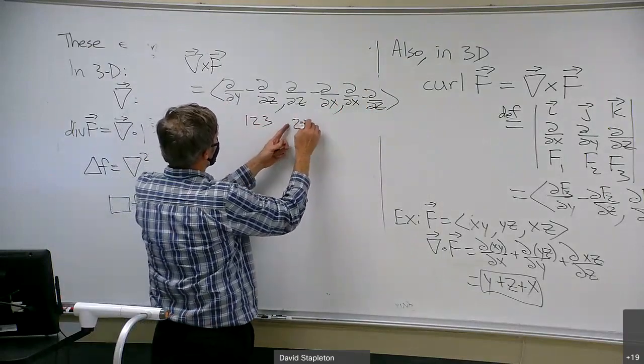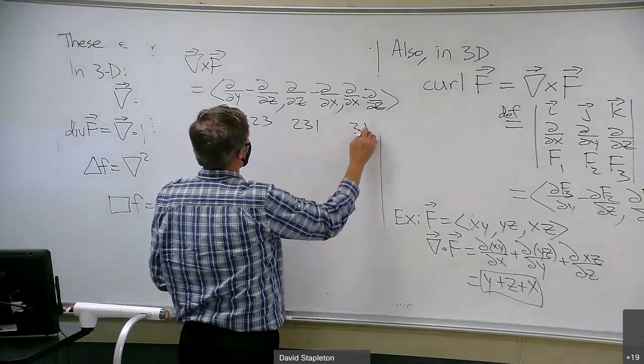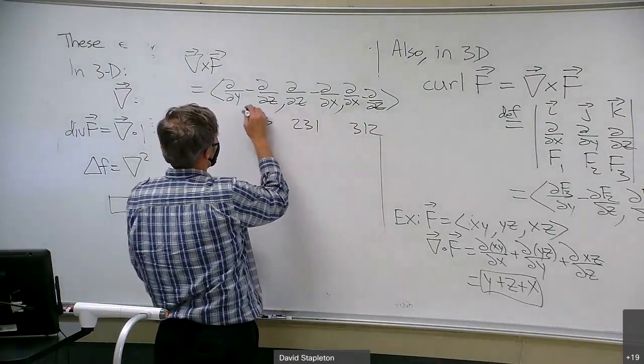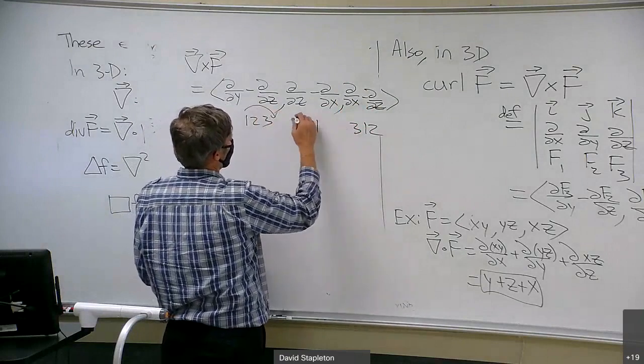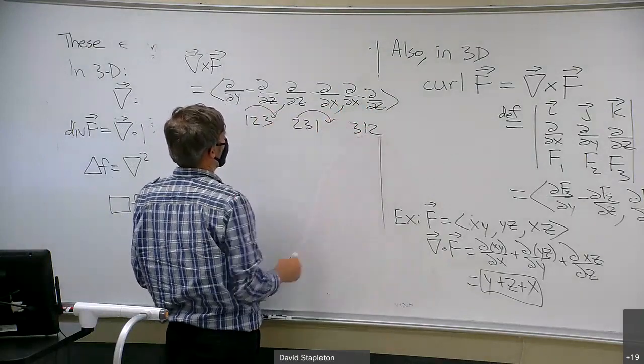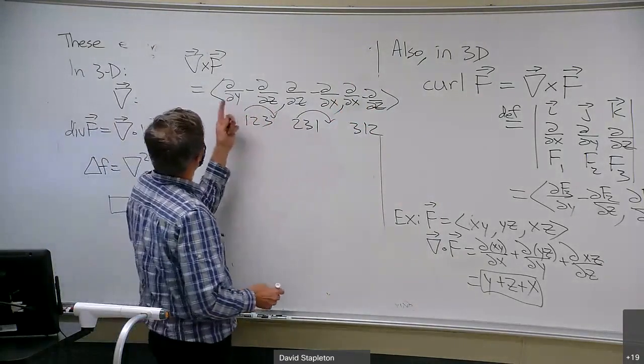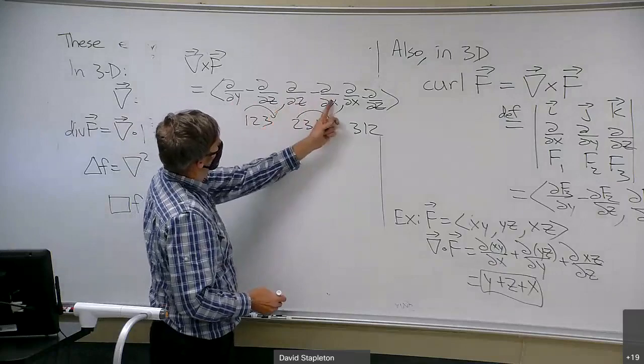Component 2, you put 3, 1. And component 3, you put 1, 2. It's just a cyclic 1, 2, 3. Rotate this around to the end to get the last one. So you keep track of them that way cyclically. 2, 3, 3, 1, 1, 2.